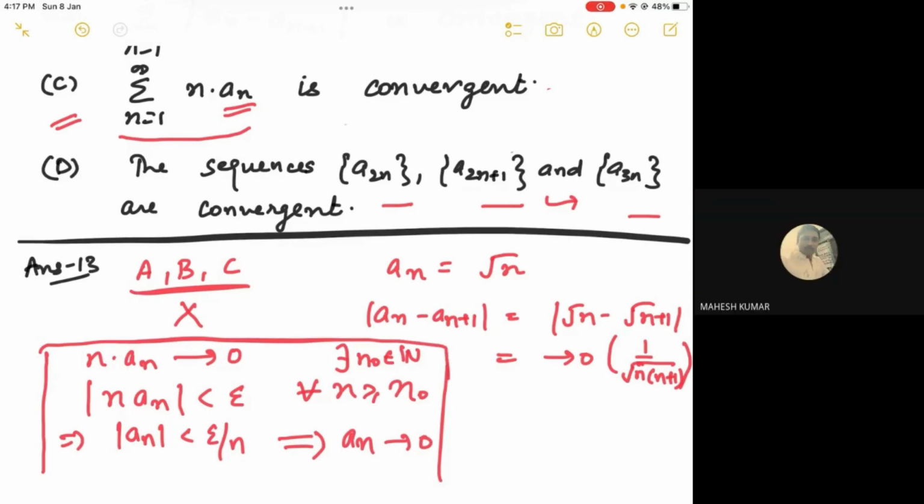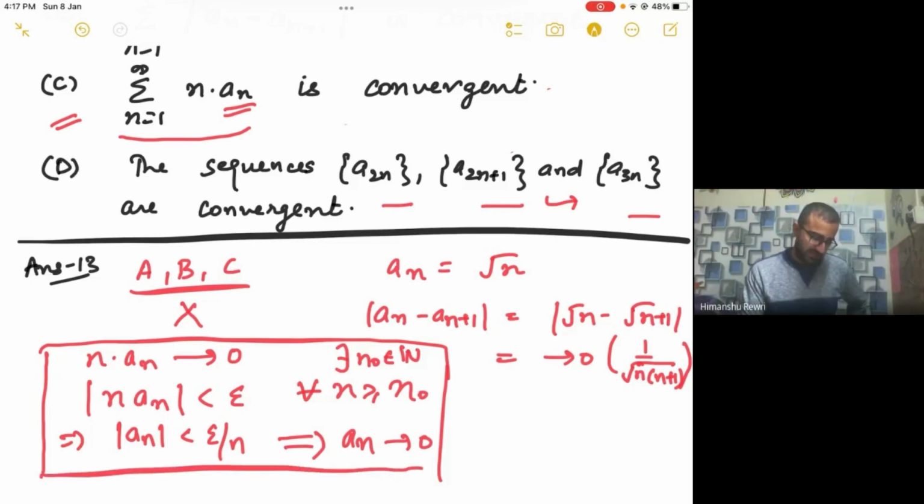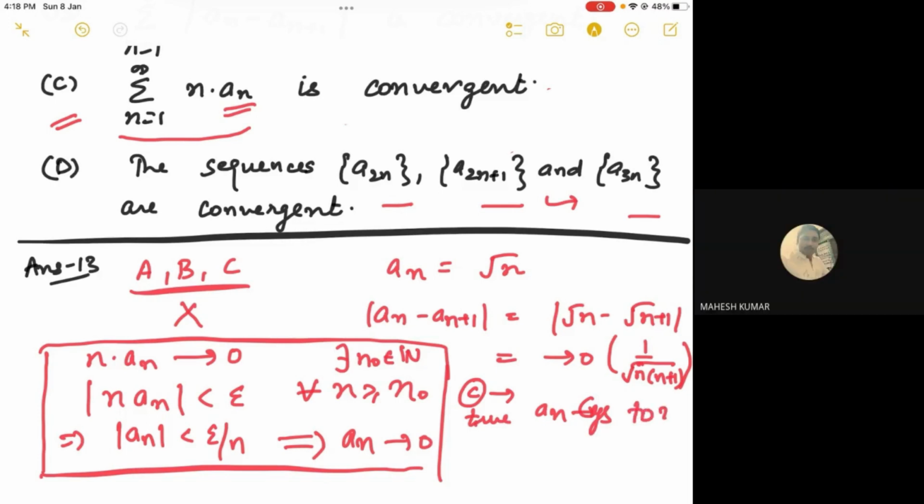No, sir. I think option C says that if the series is convergent, then a_n converges to 0. Yes, sir. Fine.